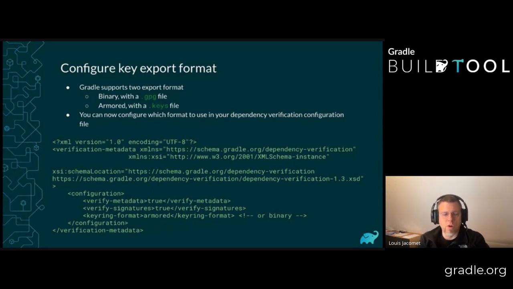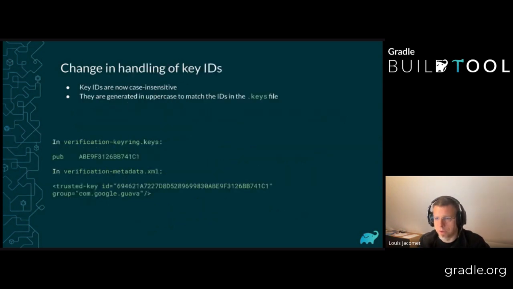This was actually one of the biggest sources of confusion when doing dependency verification upgrade on the Gradle build by Gradle engineers. So this is a feature that we know will be useful for the folks that have adopted dependency verification. The other thing we've done is change the way we handle key IDs in dependency verification generation, and actually when validating.